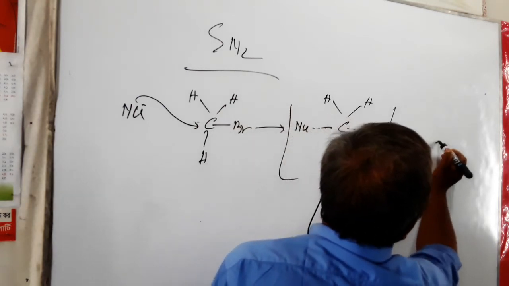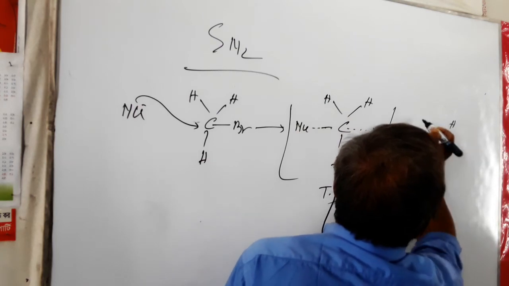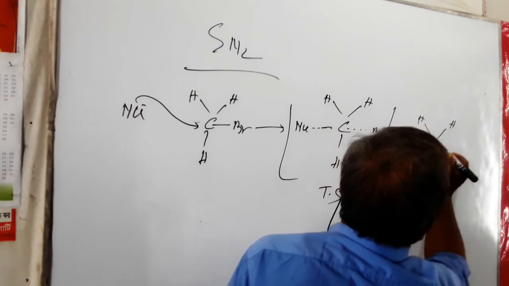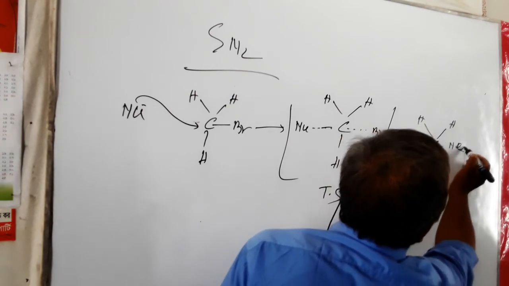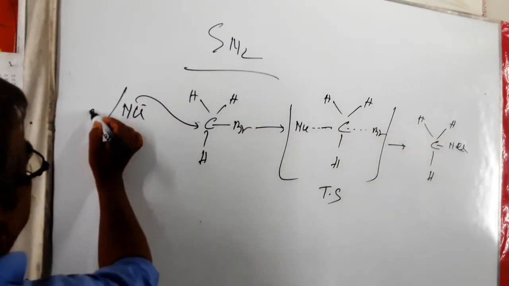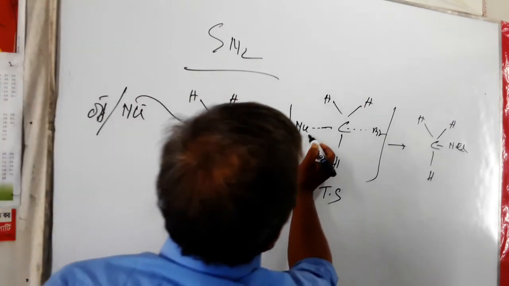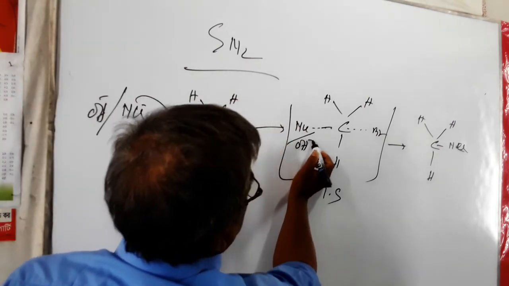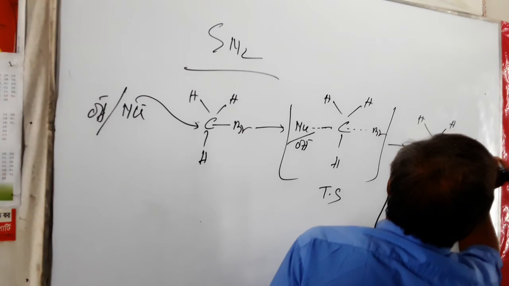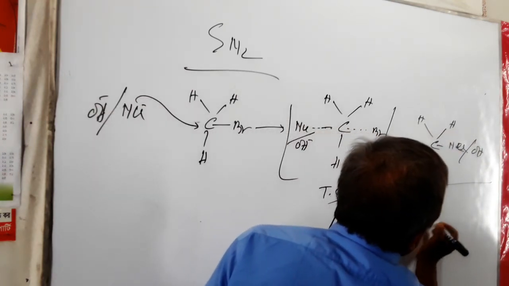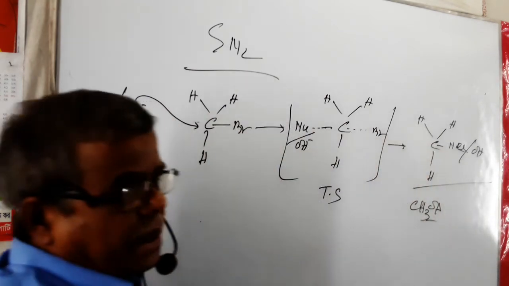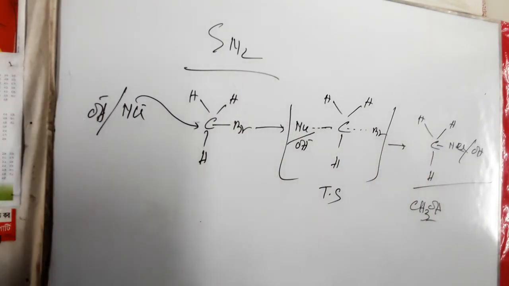This may be hydroxide, and then it will become methanol, that is methyl alcohol.